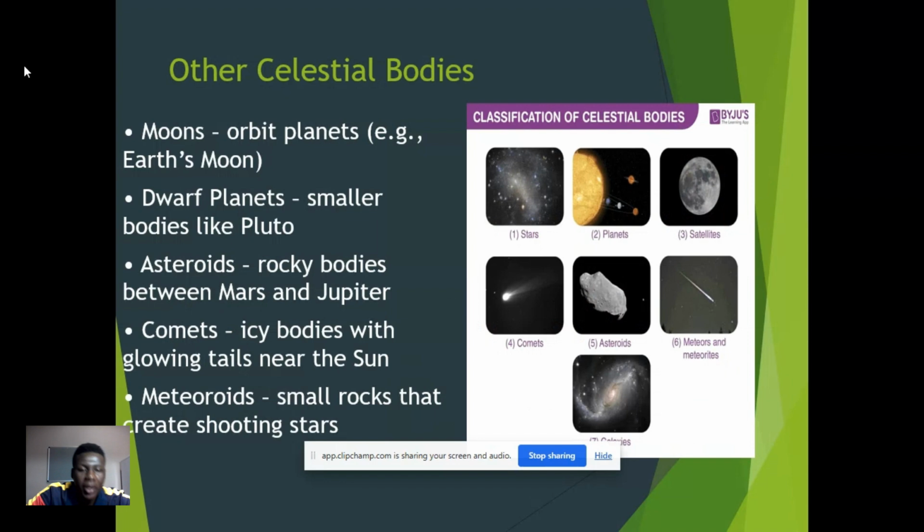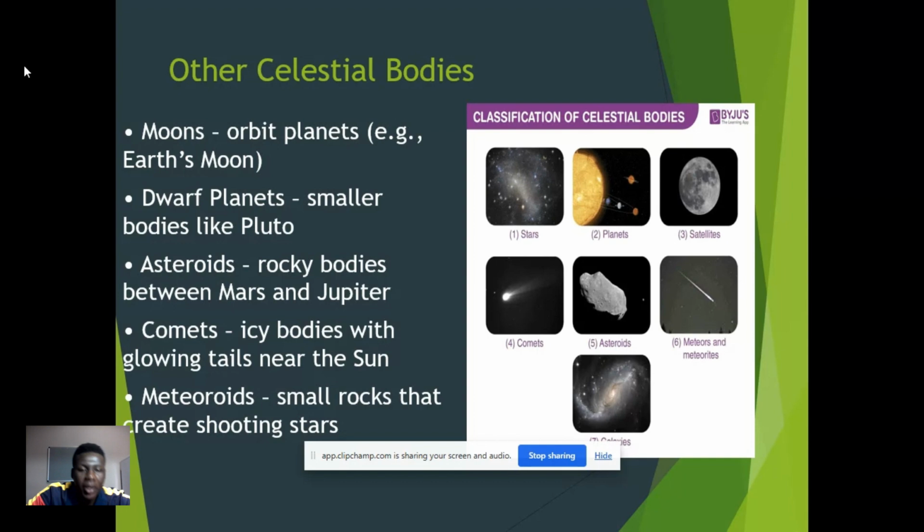Then we have the asteroids. Asteroids are rocky bodies between planet Mars and Jupiter. Then we have the comets. Comets are ice bodies with glowing tails near the sun.